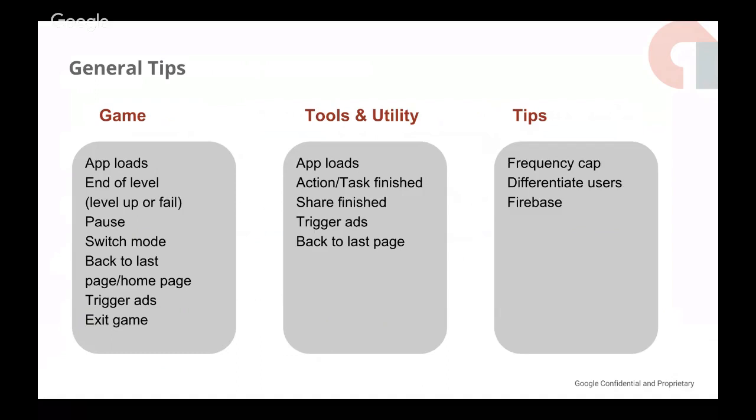But on top of these general tips for gaming apps, you also need to remember the golden rule that Sue mentioned before, which is that in all these interstitial placements, there have to be 2 different pages before and after the interstitial placement.